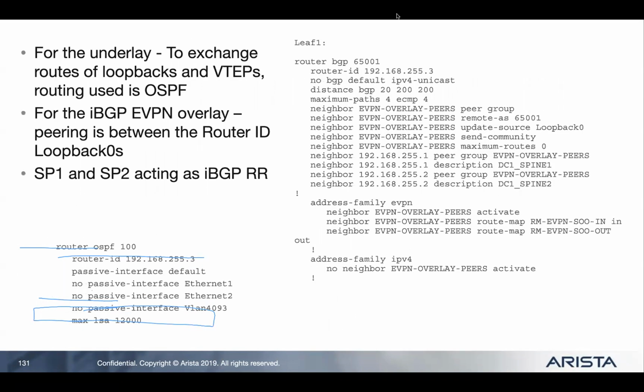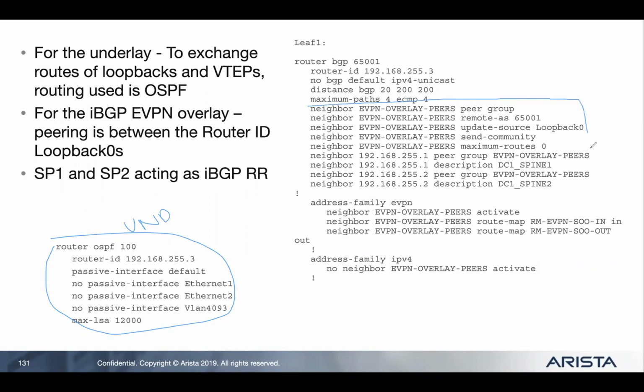And next is the BGP config. So we have OSPF configured for underlay, right? And for overlay, we have EVPN neighborship. So there is nothing as far as route reflector on leaf devices. It's a normal EVPN BGP configuration.